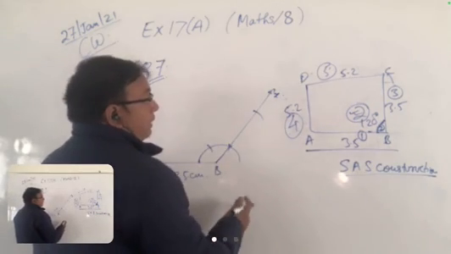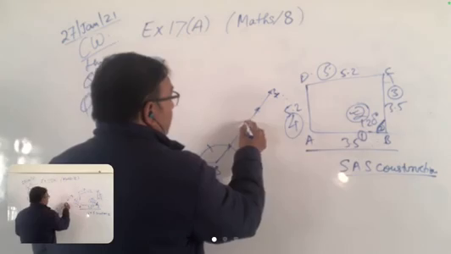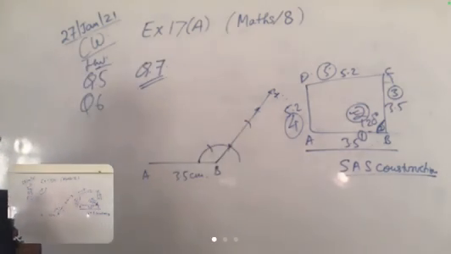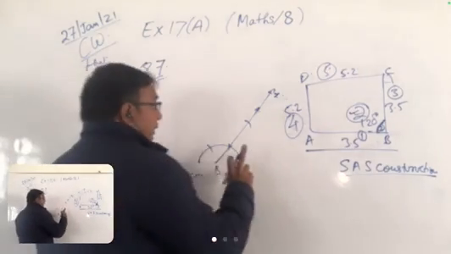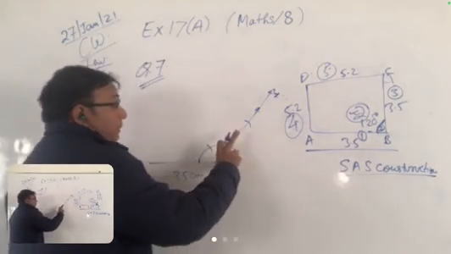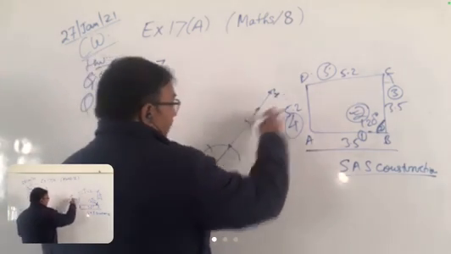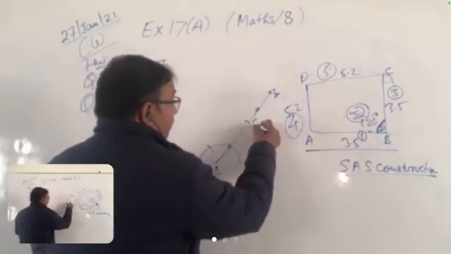Suppose ये 3.5 मान नहीं, थोड़ा नीचे कर देते हैं. Take a radius of 3.5 centimeter, put a compass on B and cut the line, say BX. And now this point is called C.